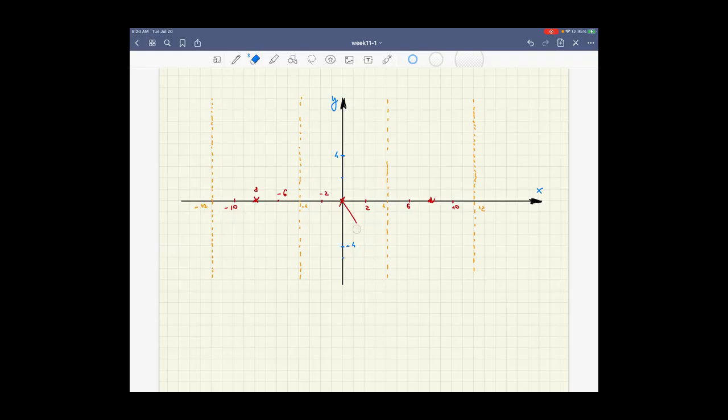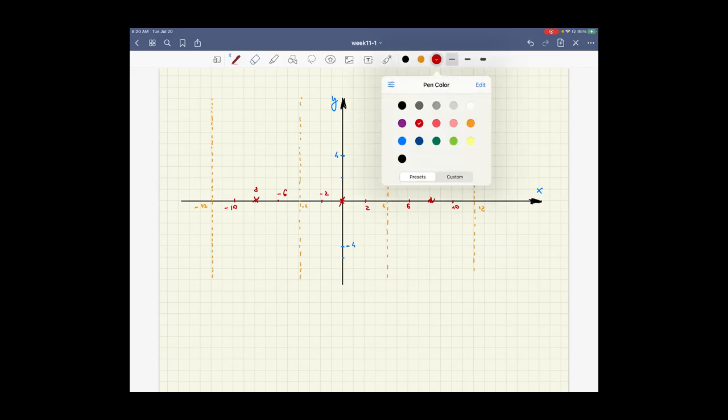So what are the points of interest here? The 0 will be at -1. That's a point of interest. Now, -5 is a point of interest.